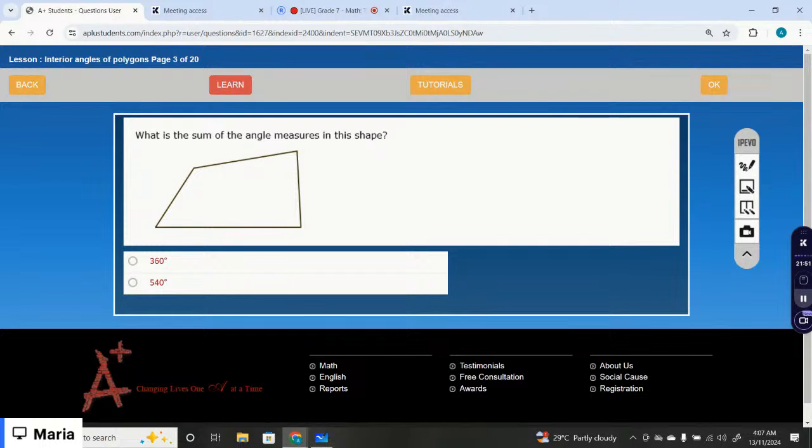What is the sum of the angle measures in this shape? So which is the correct option?